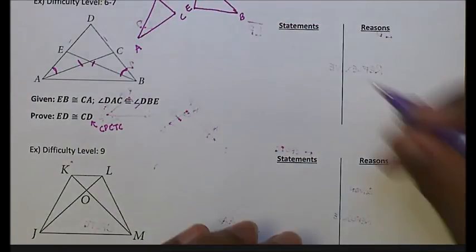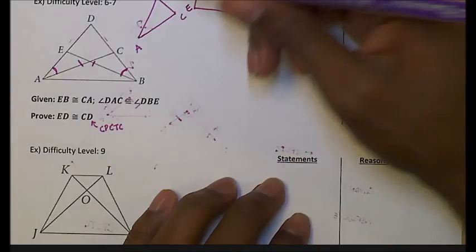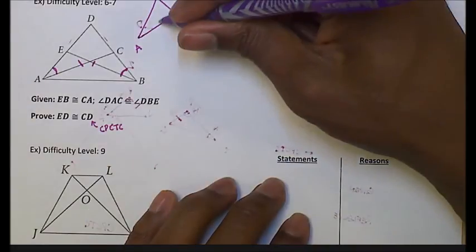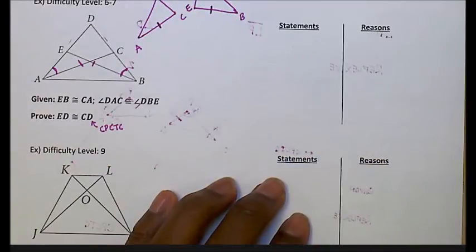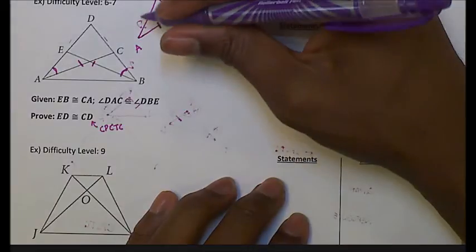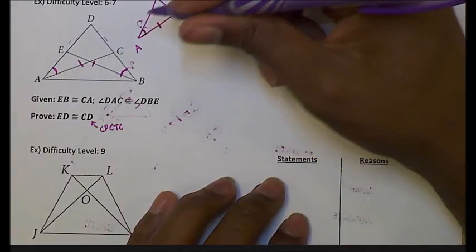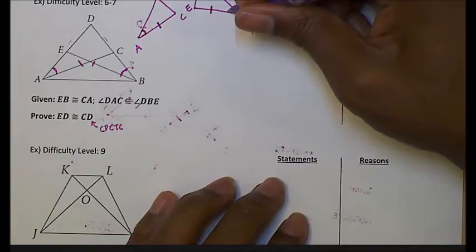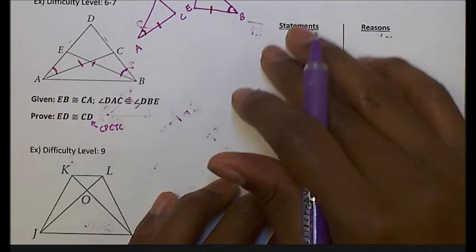I'm going to remark that EB was congruent to CA, and that angle DAC was congruent to angle DBE. Got those done. It looks a lot better here than it did here.